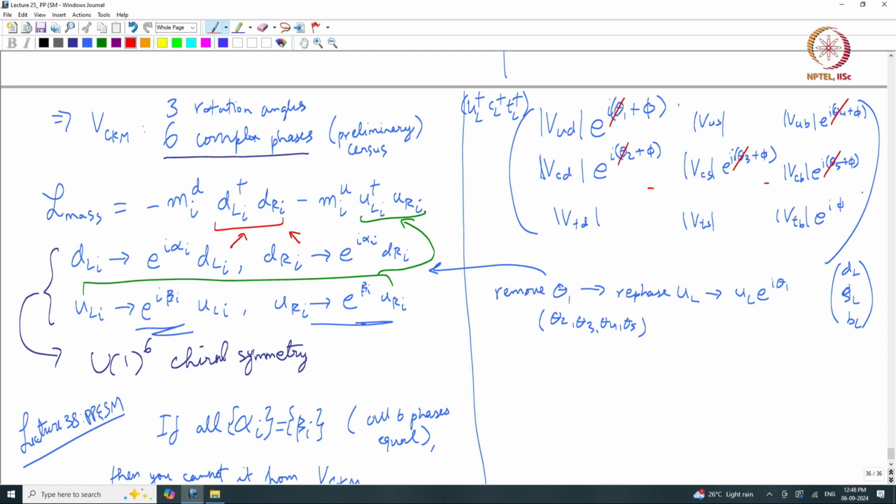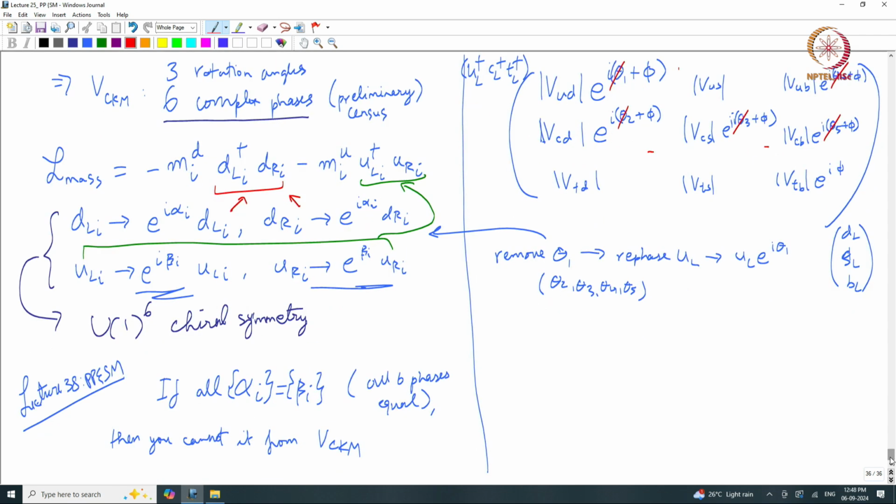So, that tells you that I am still stuck with the phase in the CKM matrix, okay. So, the grand conclusion is that the CKM matrix, okay, in the final census contains 3 rotation angles and one phase.